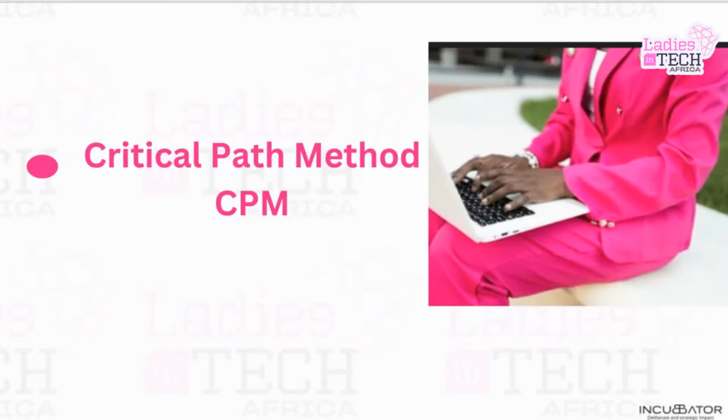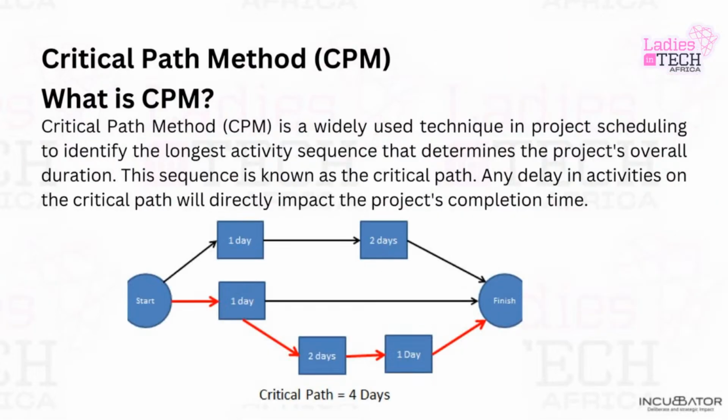We also spoke about CPM, which is the critical path method. We explained that it is a technique used in project scheduling to help in identifying the duration of a project and making sure that everything in the project, being broken down into pieces, has a sequence, a flow rather, for how the project is supposed to reach its success.